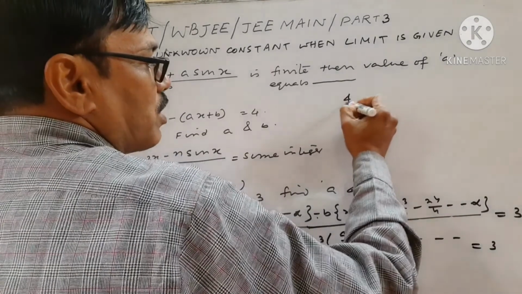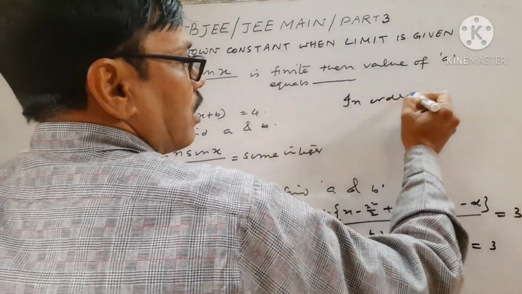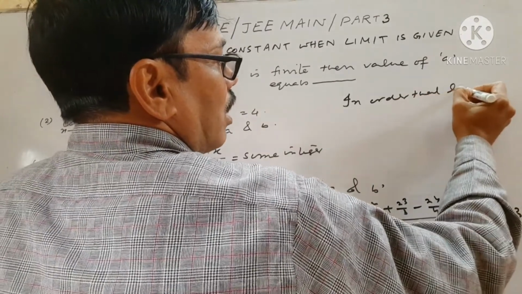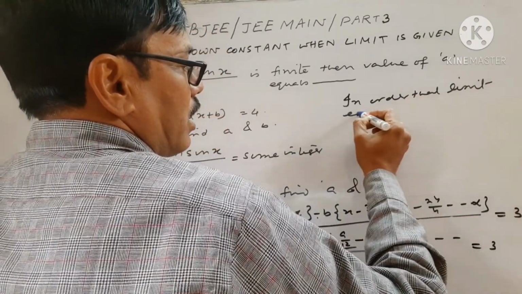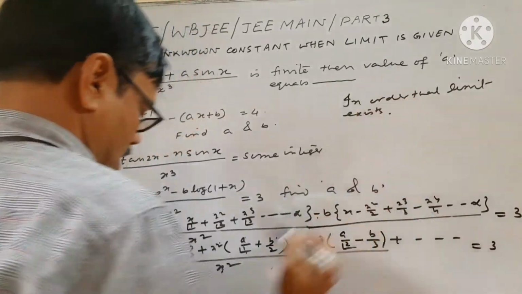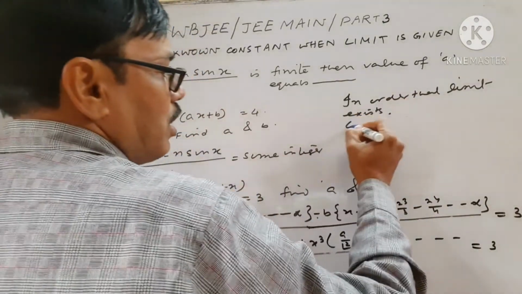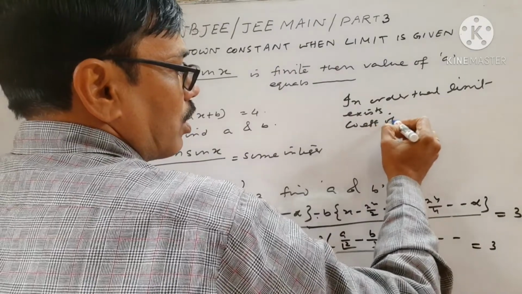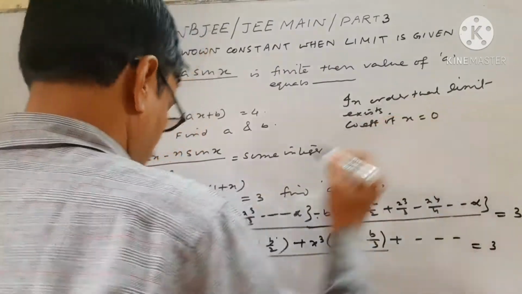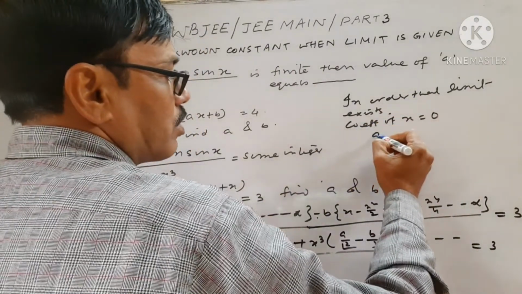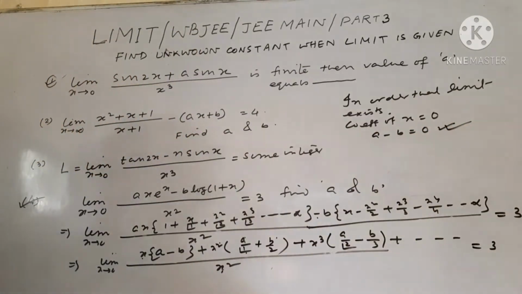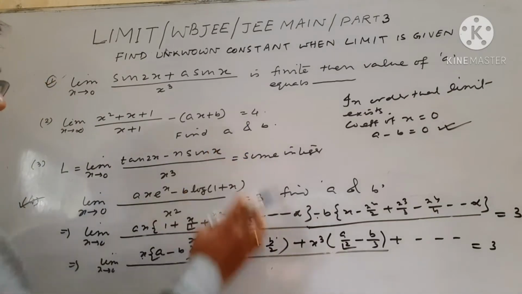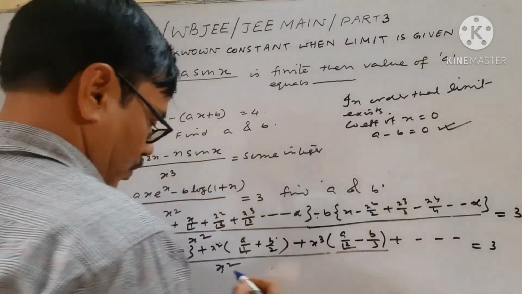So this step is important in order that the limit exists: the coefficient of x must equal 0. What is the coefficient of x? a minus b equals 0. Now the value is finite, that is 3.